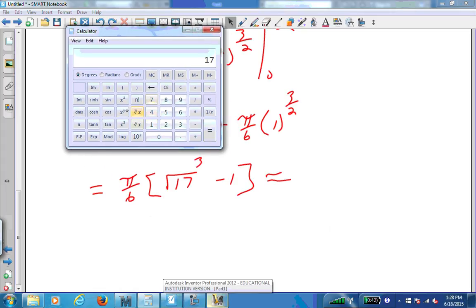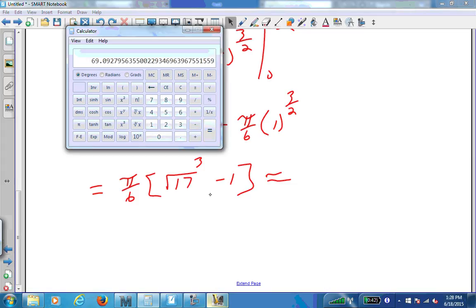So the square root of 17 raised to the third power minus 1. I think I clicked the wrong button. Let's do it. So the square root of 17. Then we're going to raise that to the third power. Then we're going to subtract 1.